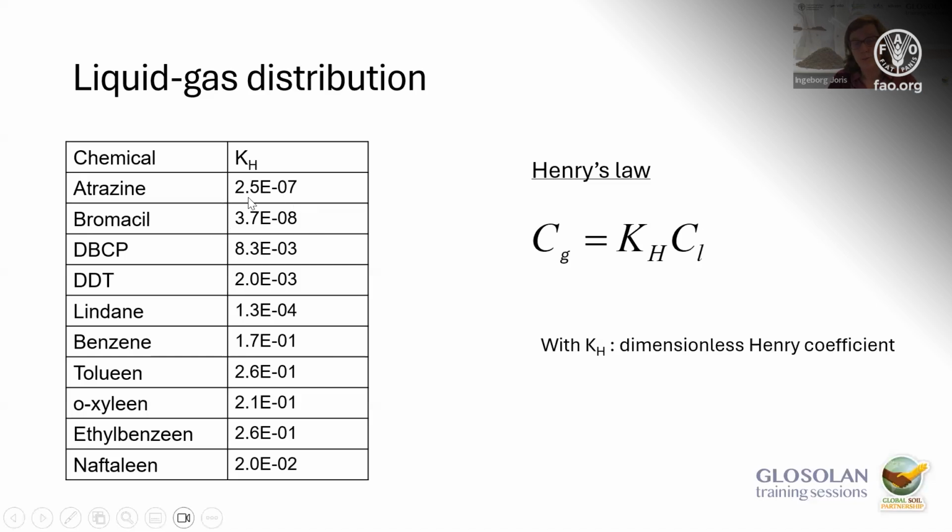It will not go into the gas phase. It has a very low Henry coefficient. Also here, we have several orders of magnitude, because here it's 10 to the minus 8, and here it's 10 to the minus 1. So it's very different for the different organic compounds, and it's something crucial to know if you want to know where you are likely to find your solute in the soil.